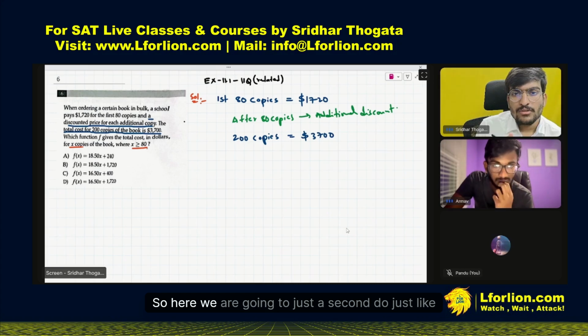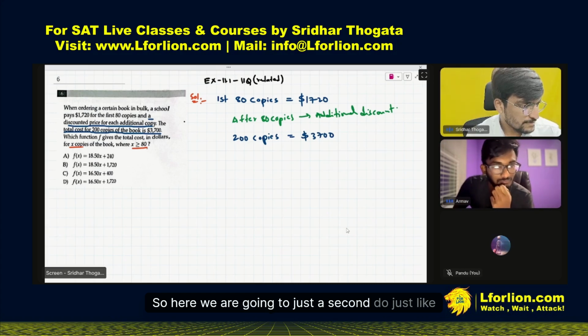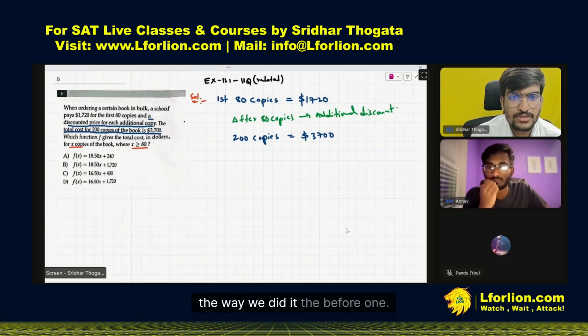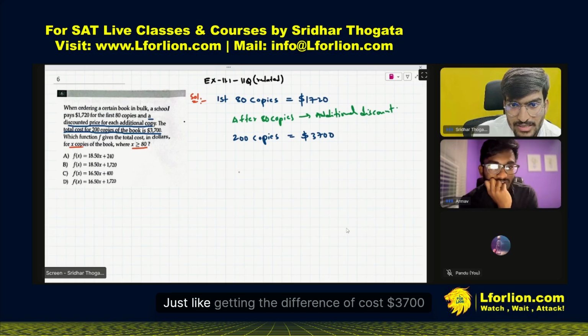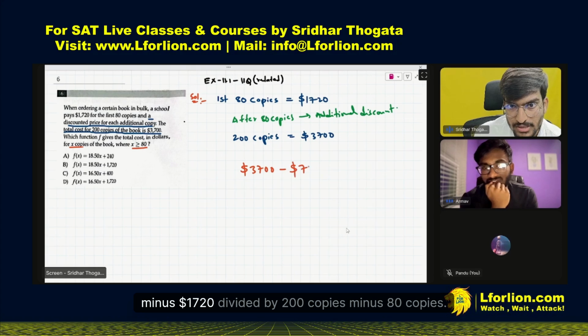So here we are going to do just like the way we did the one before, just like getting the difference of cost: $3,700 minus $1,720 divided by 200 copies minus 80 copies.